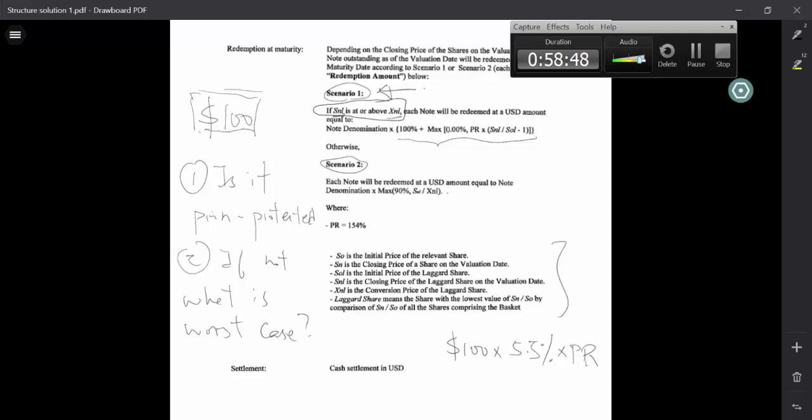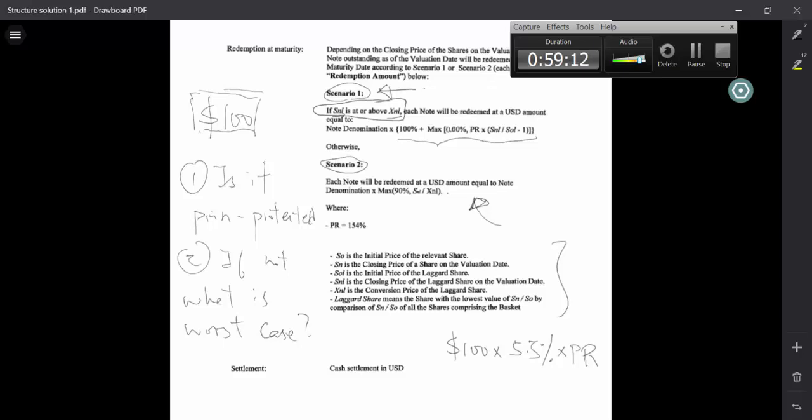Scenario one is the benefit, the payoff that you get from buying an option. You can see that there's a participation rate. Now, scenario two is the downside exposure that you get from selling the option. Now, let me explain scenario two.